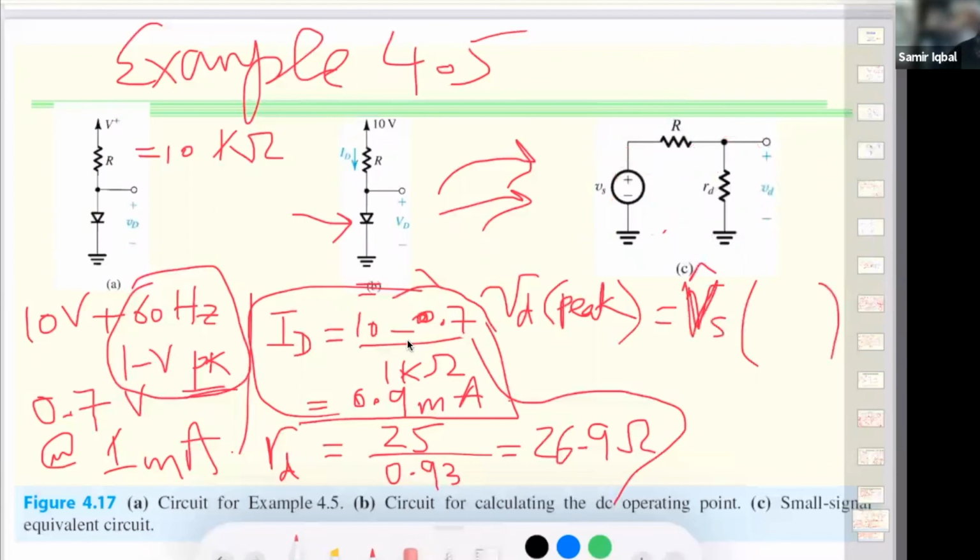When I look from the right side, there are two resistances, it's a voltage divider network, and there is a signal coming in. I want to find the drop across this. How do I do that? So this one divided by the sum of these two.